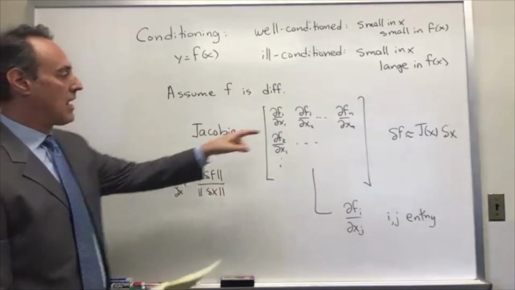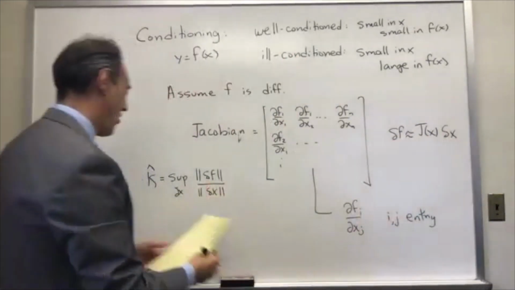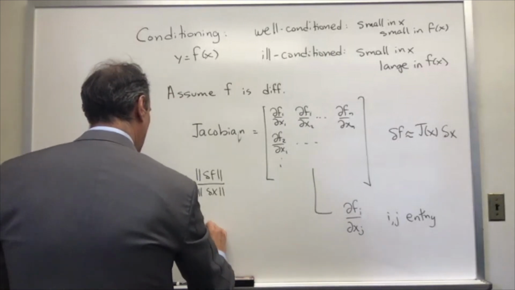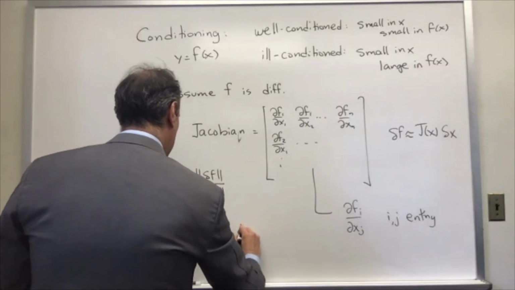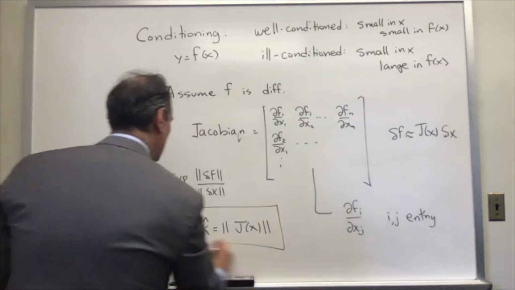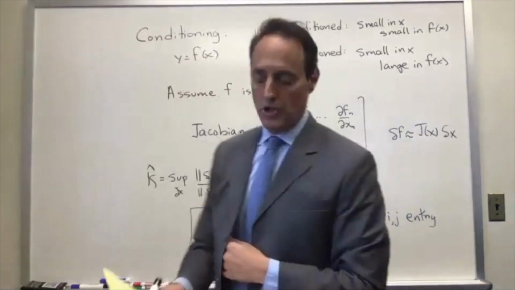But delta f now is this J of x times delta x, which if I put over here, what you find is the absolute condition number is the Jacobian.